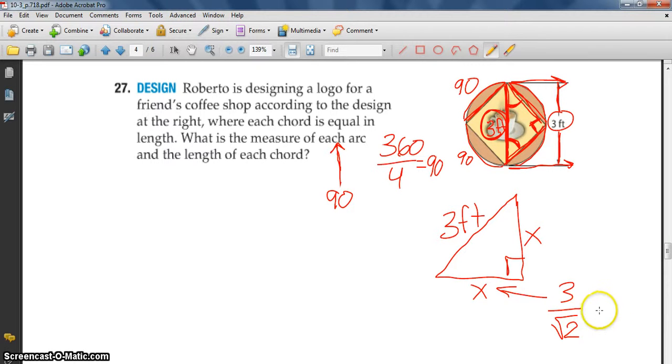So 3 divided by the square root of 2 is approximately 2.12 feet. And that's the length of each of these chords. 2.12, 2.12, here, and this one.